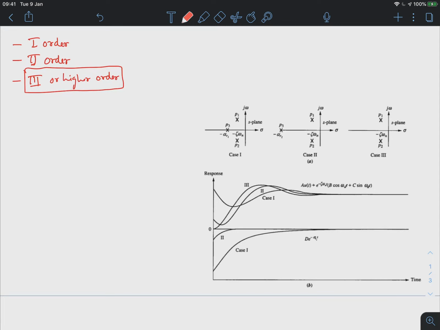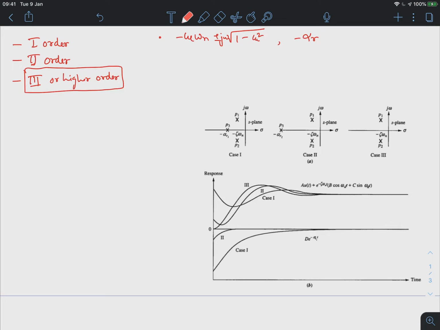So to analyze this scenario, we will consider the case where we have two complex conjugate poles located at minus xi omega n plus minus j omega n root 1 minus xi square, and the other pole is a real pole located at minus alpha r.